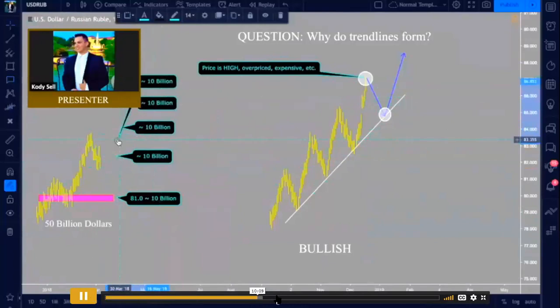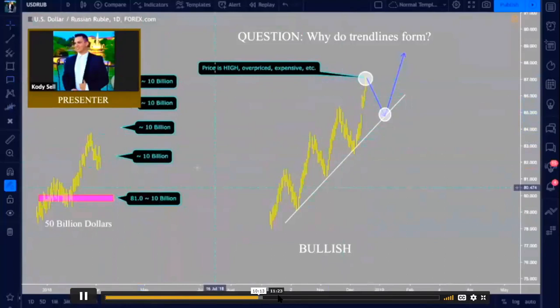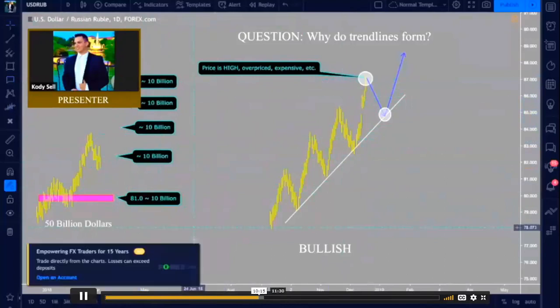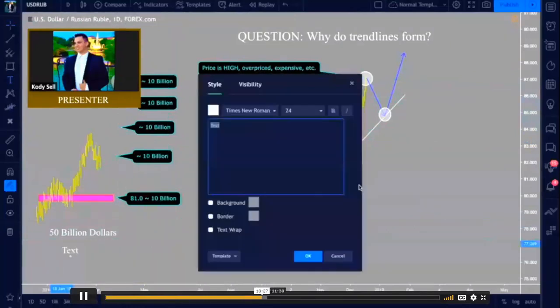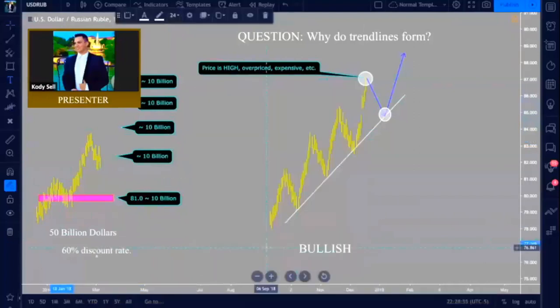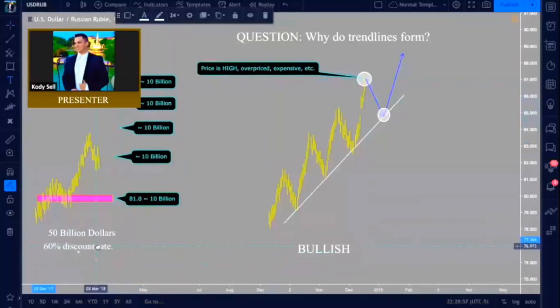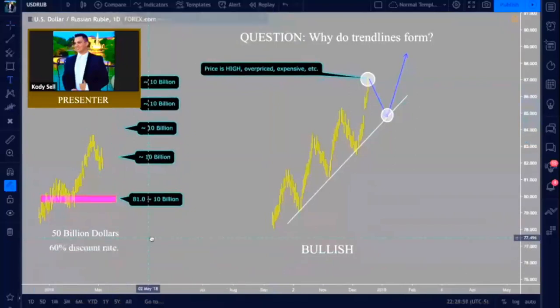They know that they need to do this a total of 4 more times to fill the entire $50 billion worth of orders. So they say, okay, I'm going to come in at a 60% discount rate, and they're only going to fill their orders at the 60% discount rate.